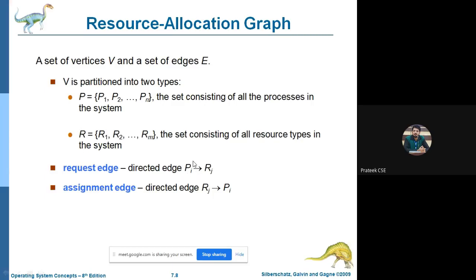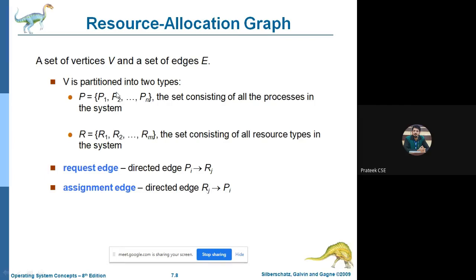This is the meaning of this request edge, and if RJ is available and if it is assigned to the process PI, then that particular edge will be known as assignment edge, and it is also a directed edge. And you can see this RJ resource has been assigned to this process PI for which it has requested earlier. So this is the meaning of assignment edge. So request edge is from process to resource and assignment edge is from resource to process.